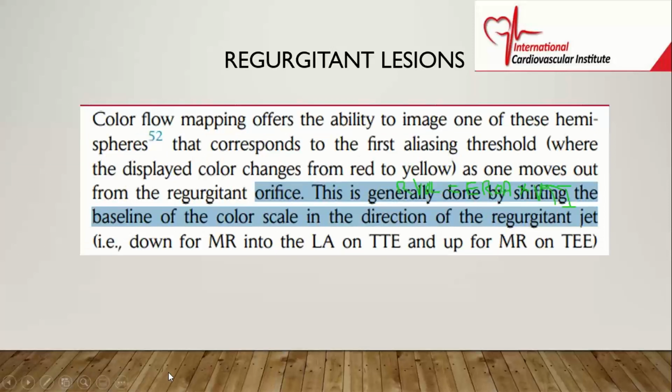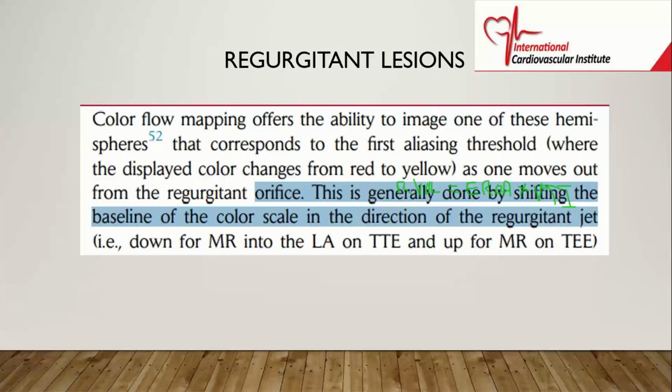To get a nice flow convergence, you adjust the color flow map. You do what we call a baseline shift. If it's a transthoracic echo, you move the baseline downwards. If it's a transesophageal echo, you move it upwards.